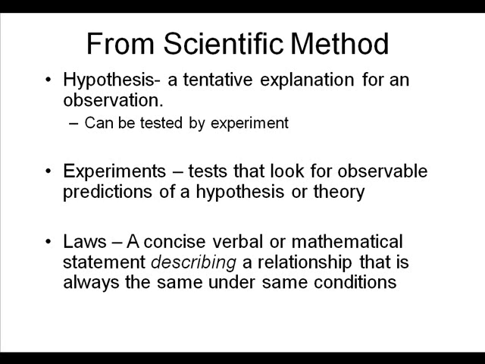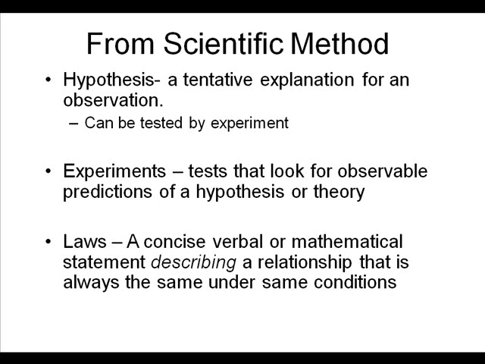Now, after a very extensive number of experiments by many people, the explanation becomes a law. And it's a concise verbal or mathematical statement, and it describes a relationship that always takes place under the same conditions. What that means is you should see the same effect every time. For example, plate tectonics predicts a number of things about mountains and earthquakes.